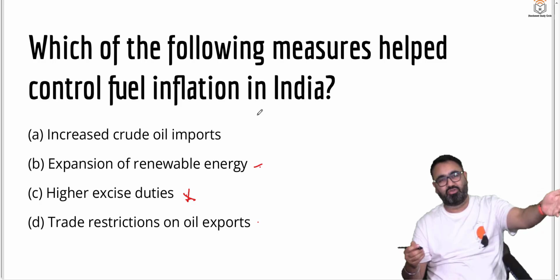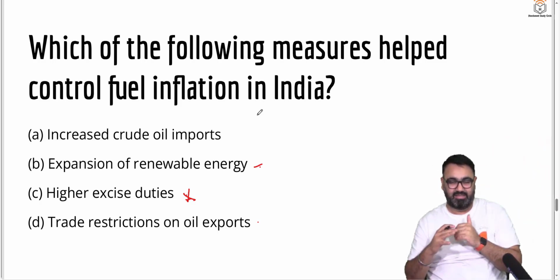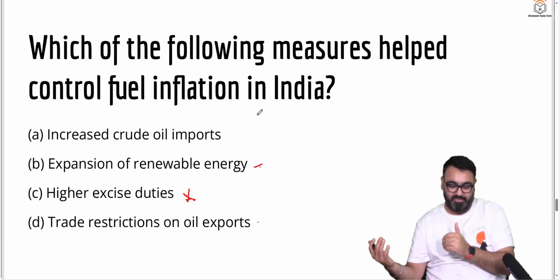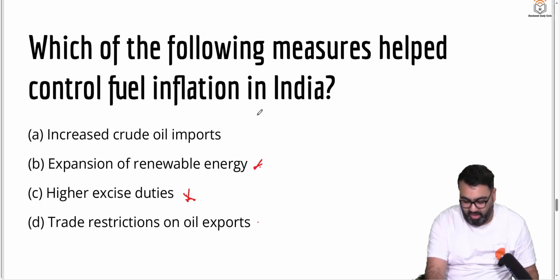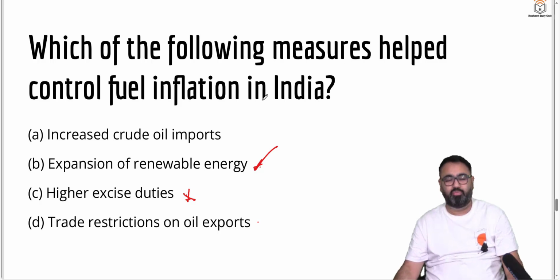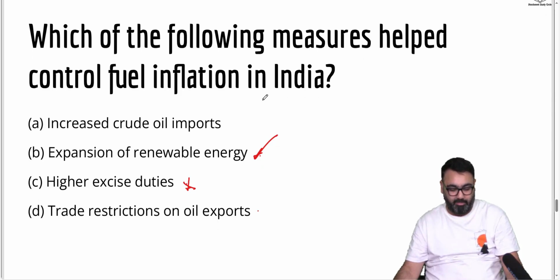When the global price of fuel increased, the government cut down on excise duty so that it is still the same price that the end consumer is paying. It is actually expansion of renewable energy. We discussed how we are pushing towards renewable energy, solar, wind, green hydrogen, etc., so that our dependence on crude oil reduces, so that we are not feeling as much shock of any increase in the global price of fuel.